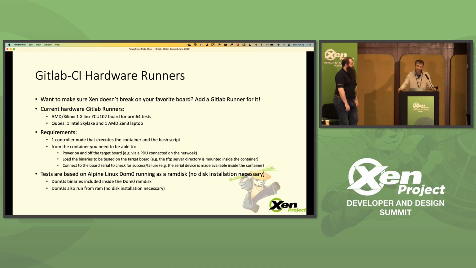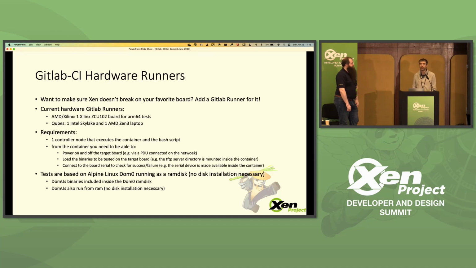So as of today, we have 3 hardware runners: 2 from Cubes, 1 Intel, 1 AMD x86, and 1 Xilinx GCU102 board running ARM64 tests. Like I said, if you want to have your own runner, you need to have the board, but also a controller, which in my case is an old Dell workstation.